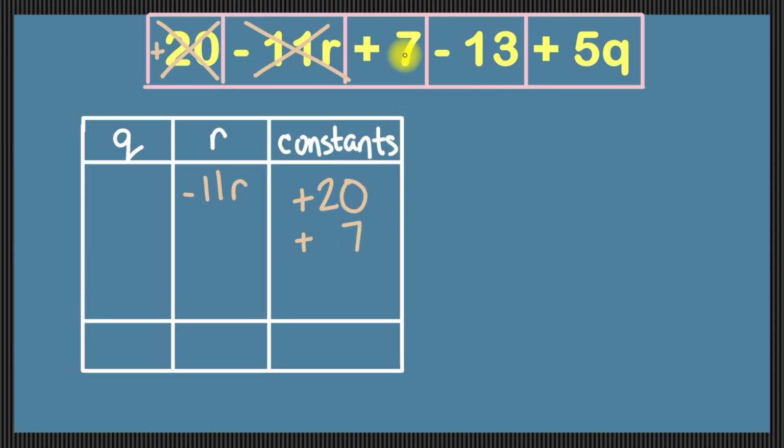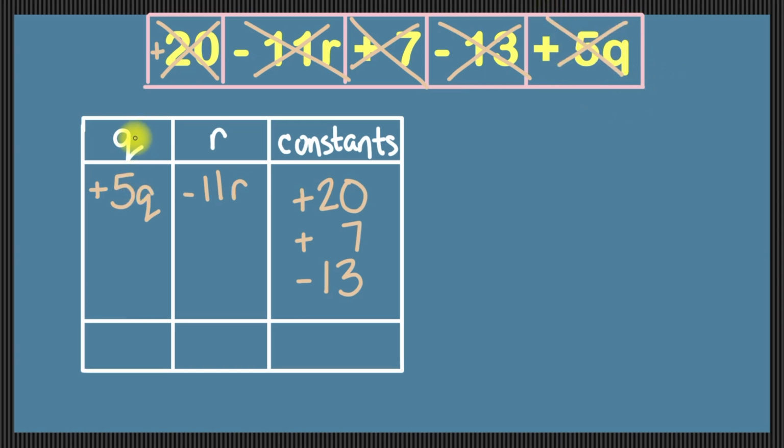We're done with that term, so we can cross it off and go to the next term, which is negative 13. So we'll put negative 13 here in the constants column and then cross it off in our expression. And finally, we have positive 5Q. That's a Q term, so it'll go in the Q column. And then we'll just cross it off in our expression.